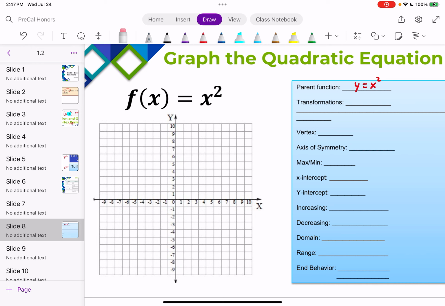And we do not have a plus some form of number on the outside of the square, which means it does not go up or down. So here, we're going to write none. We do not leave it blank. We always write down, if there's nothing that moves, nothing that goes in any type of direction, we go ahead and we just write none.